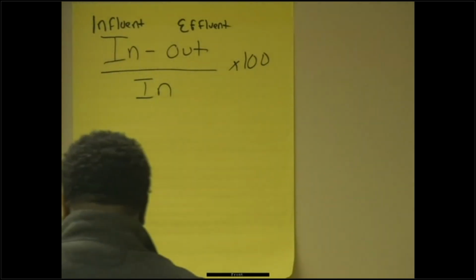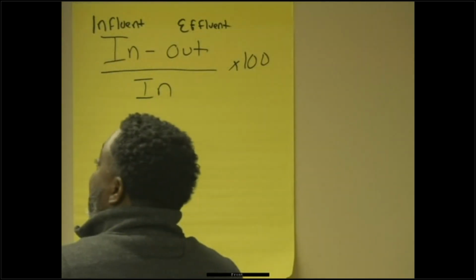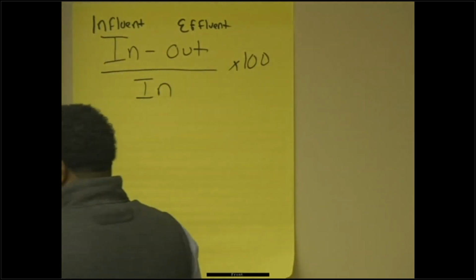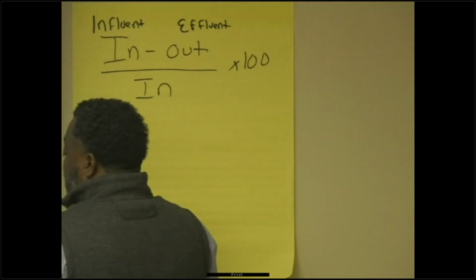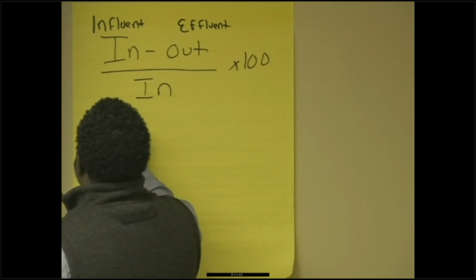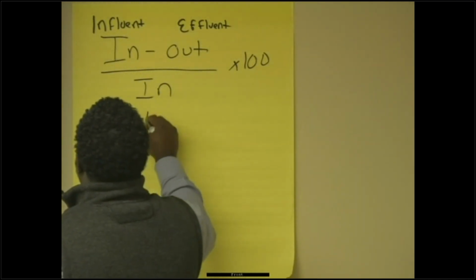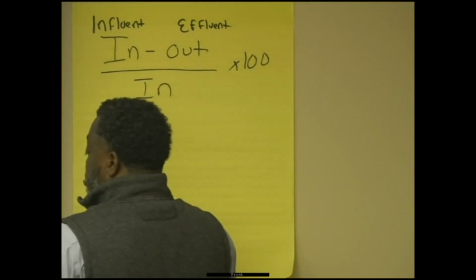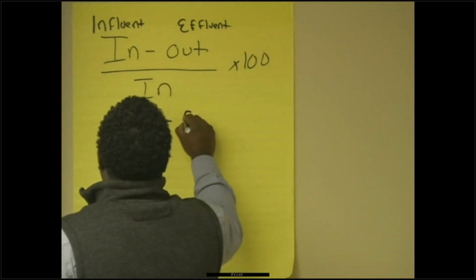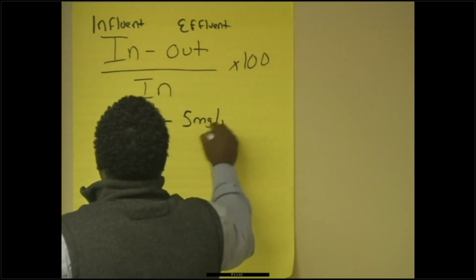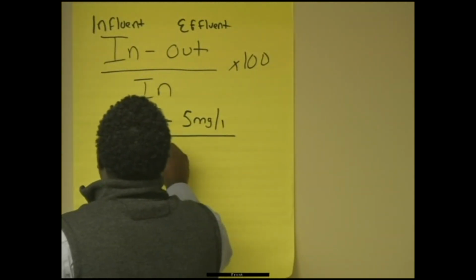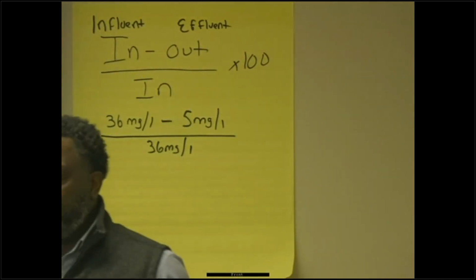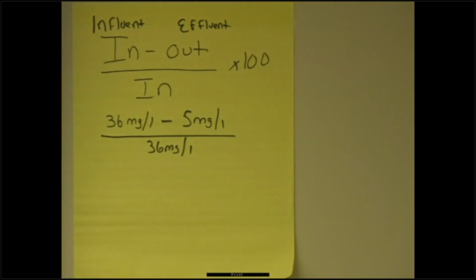In the month of April, let's just use TSS since we used BOD last time. Influent TSS was 36 milligrams per liter. The effluent TSS was 5 milligrams per liter, divided by 36 milligrams per liter. Okay. Now let's go to May.